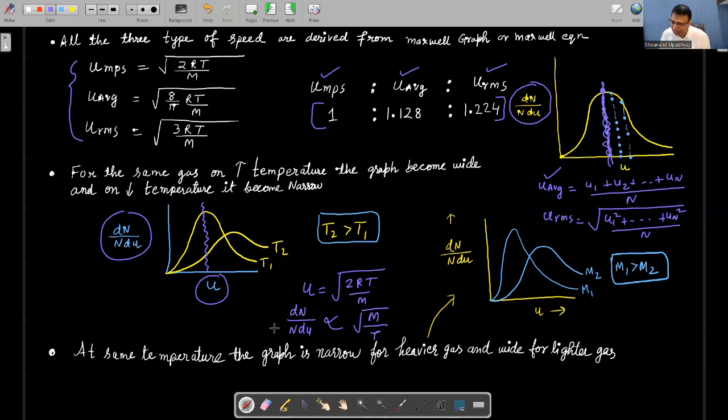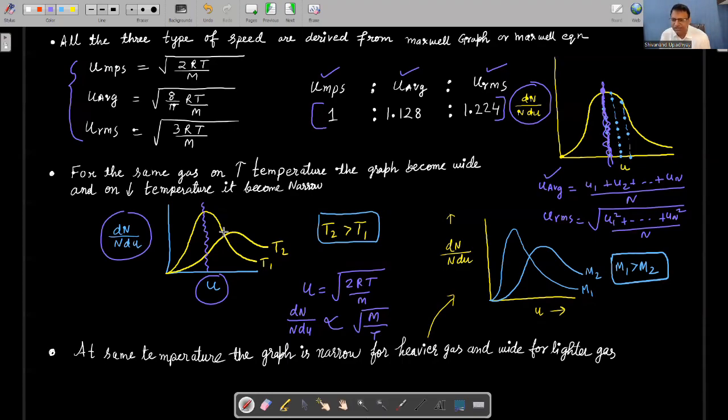This height will be more when temperature is less. That's why we are saying that at low temperature this will be narrow, meaning this height will be more and this graph will be narrow. And at high temperature, this height will be less because it is inversely proportional. So it is wide at a high temperature and narrow at low temperature.